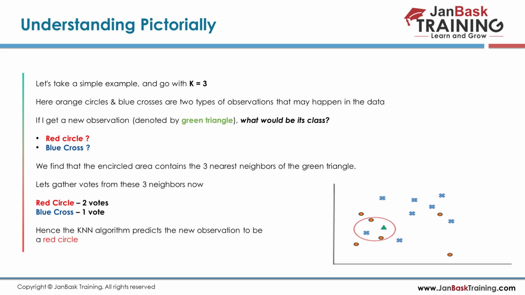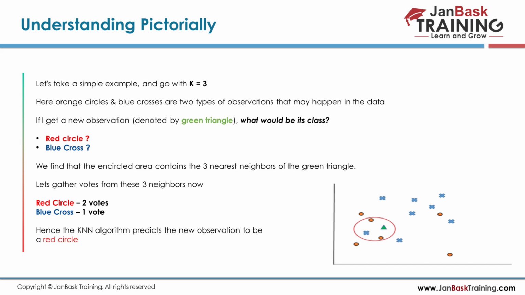Let's take a simple example and go with k equal to 3. You would be wondering why we are taking k equal to 3, 5, 7, 9 like that, because you will get a clear majority. If you take 5 neighbors and 2 classes, then obviously there could be a majority for one class.